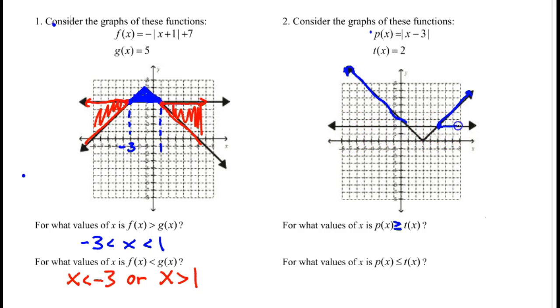So anything from here and outward, those x's are where the graph is above the horizontal line. If we just look at this, this is going to be x equals 1. This one's x equals 4. So anytime x is less than or equal to 1, or anytime x is greater than or equal to 4, you can see the absolute value is above.